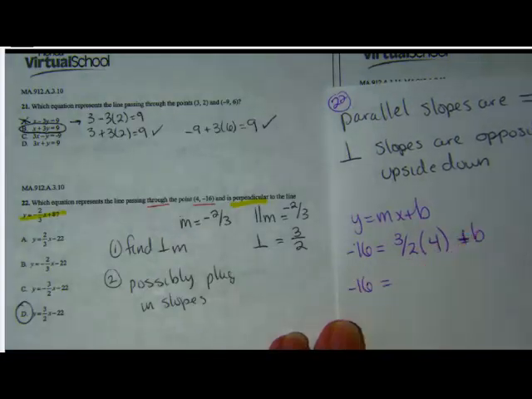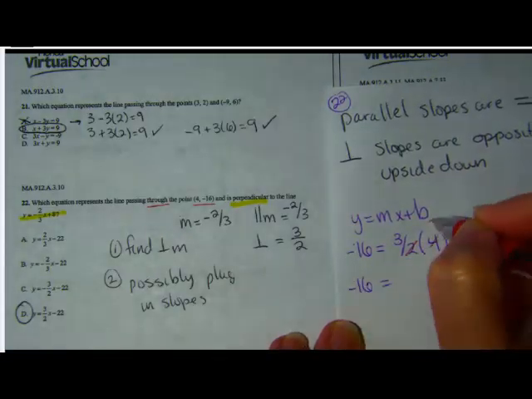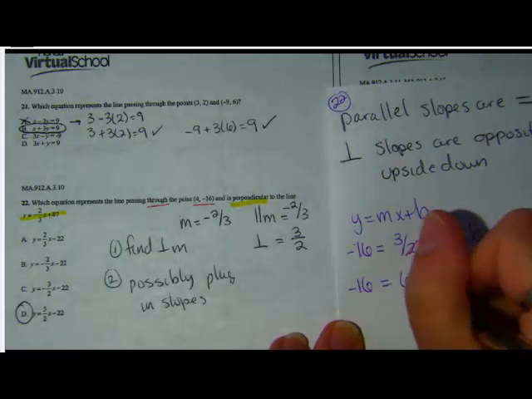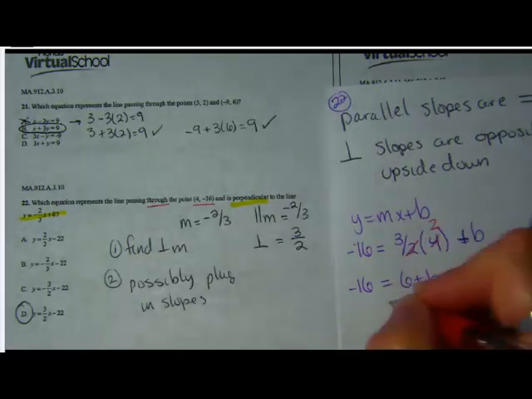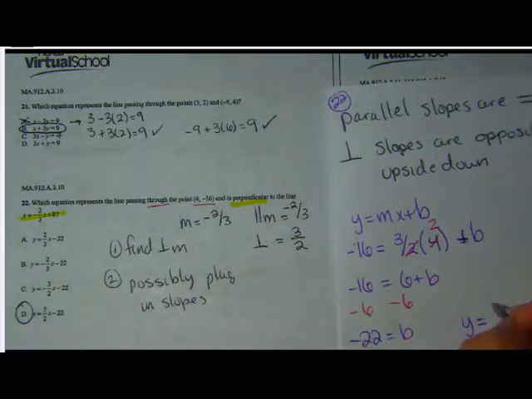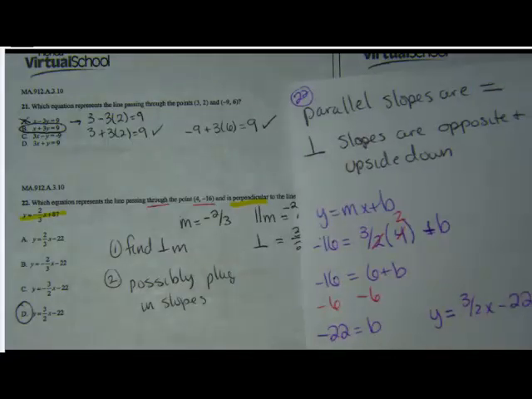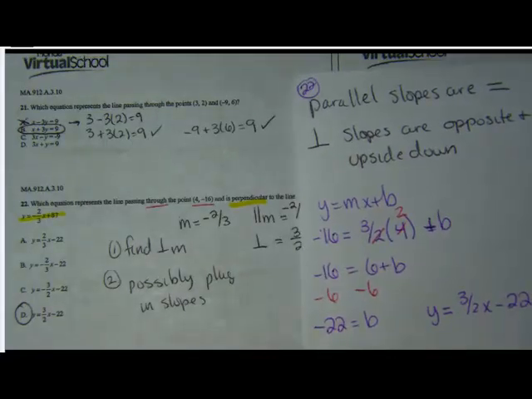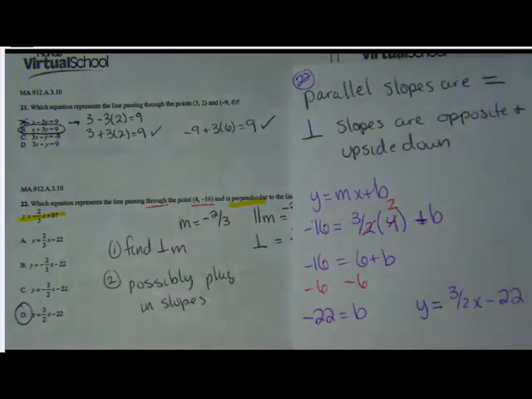So you get negative 16 is equal to 6 plus b, and I would subtract 6 from both sides and get negative 22 equals b. So I'd have y is equal to 3/2 x minus 22. That's how you'd find it if you didn't have multiple choice.